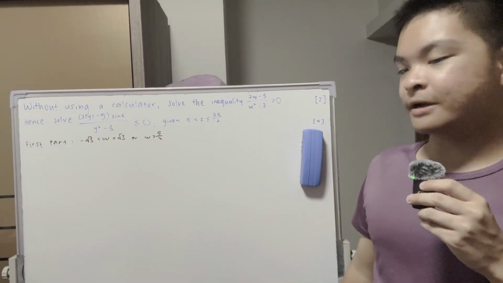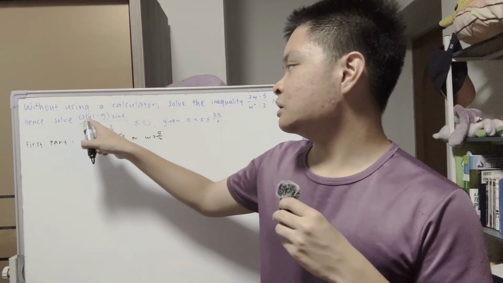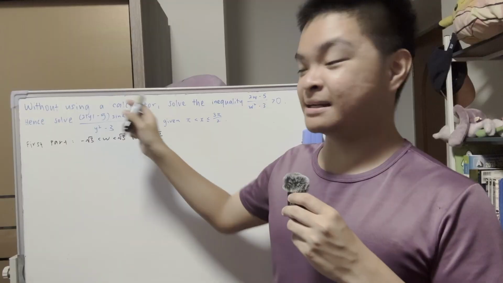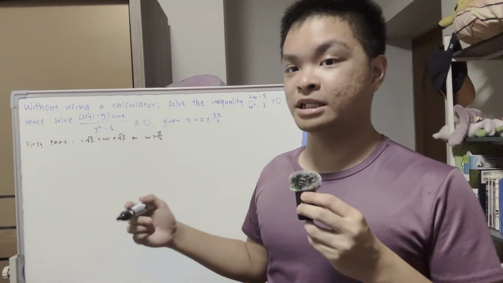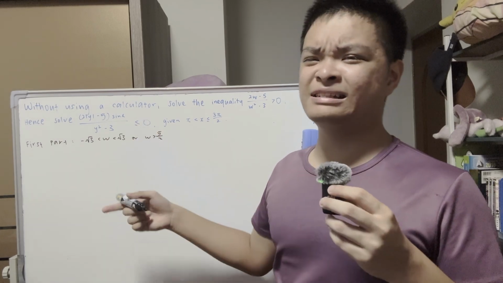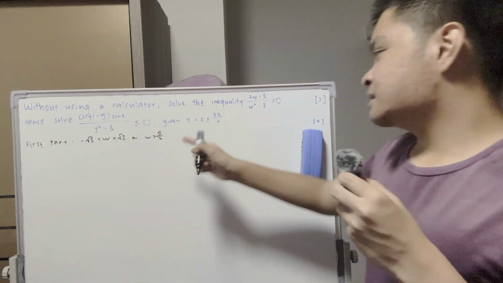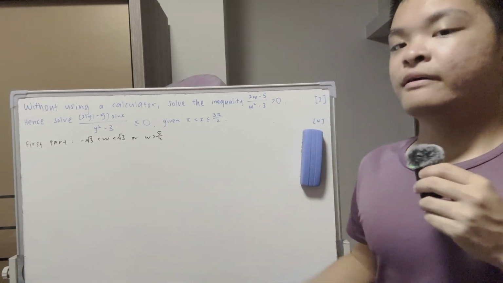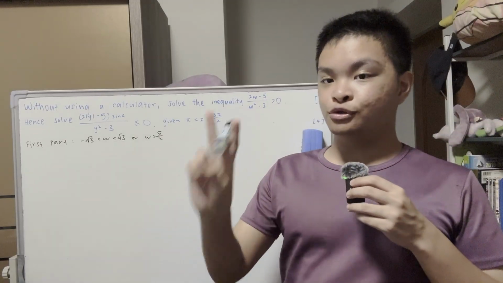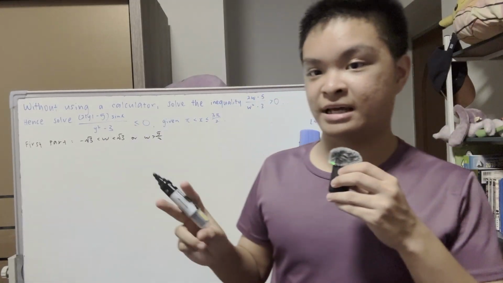Okay, so the second part: hence solve 2 modulus y minus 5 times sine x over y squared minus 3 is less than or equal to 0, given that x is in between pi and 3 pi over 2. First of all, there are immediately two main problems that you find with the hence part.